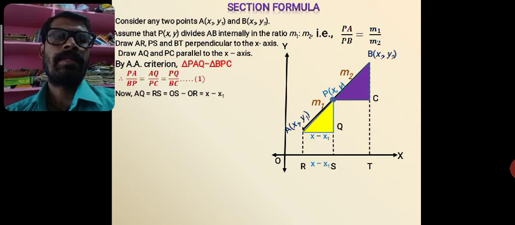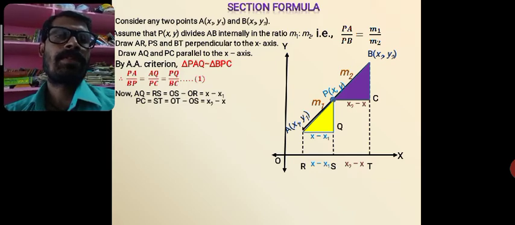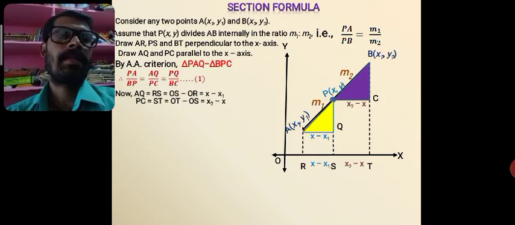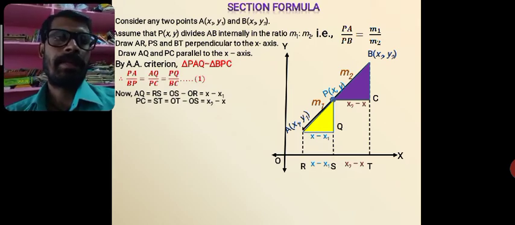We can consider the rectangle AQSR. Similarly, you see here PC is equal to ST, which is OT minus OS. Here again OT is greater than OS. It is x2 minus x, in the rectangle PSTC. Again, those two are equal sides.